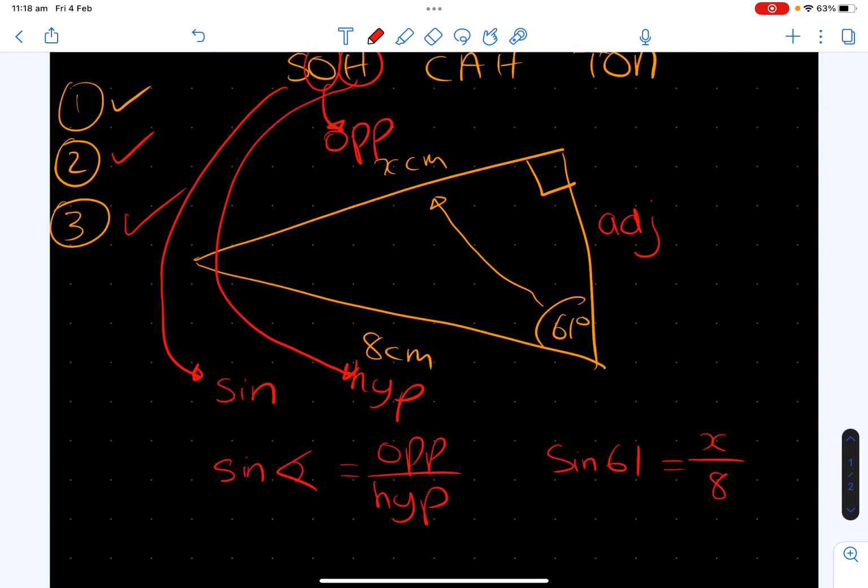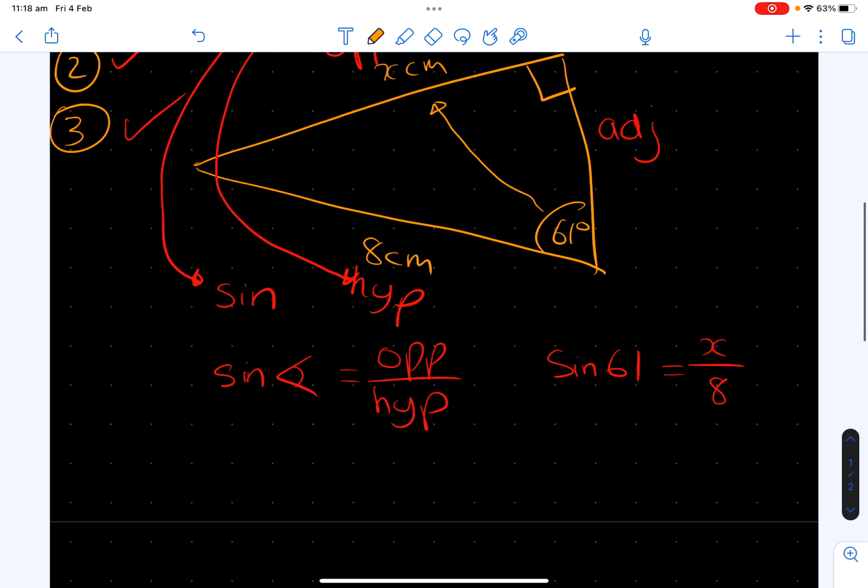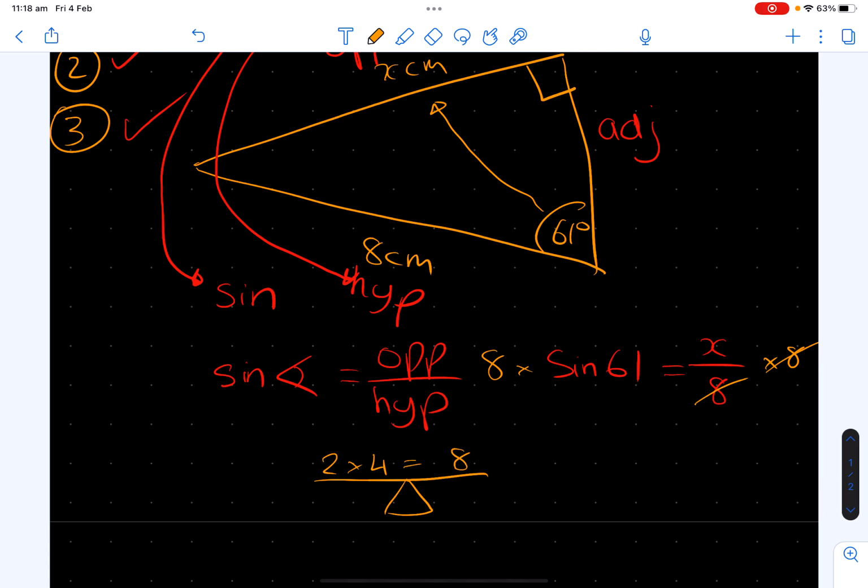To do this, we need to get x by itself. So what we're going to do is times both sides by 8 to get rid of the 8 on the denominator. To explain why that happens, I'll quickly show you an example. Let's say we have a balance and a scale, and we know that 2 times 4 equals 8.